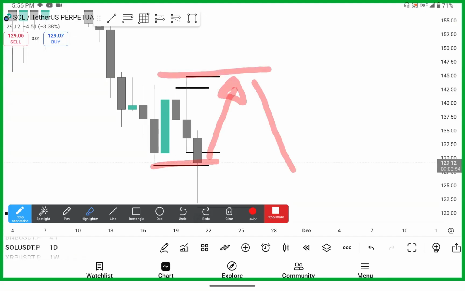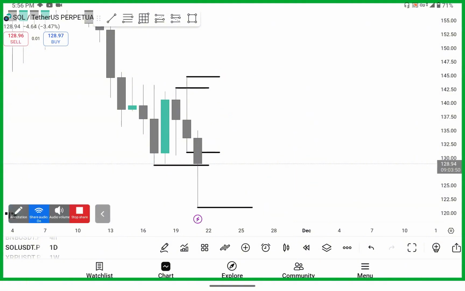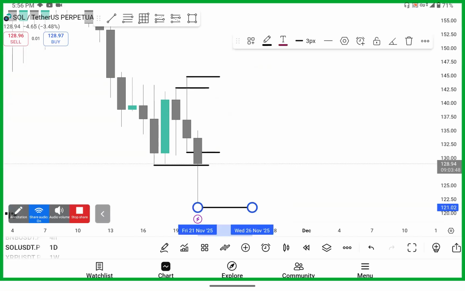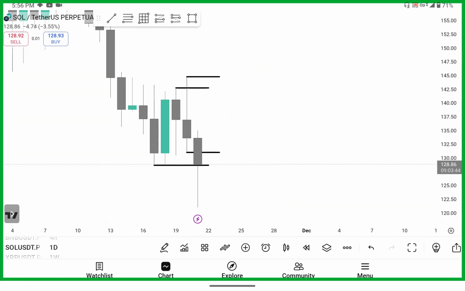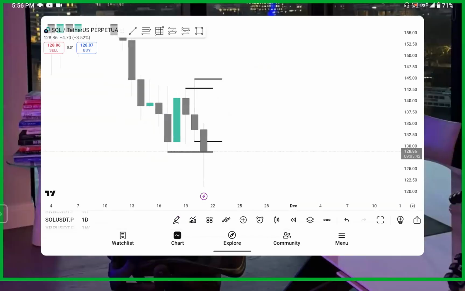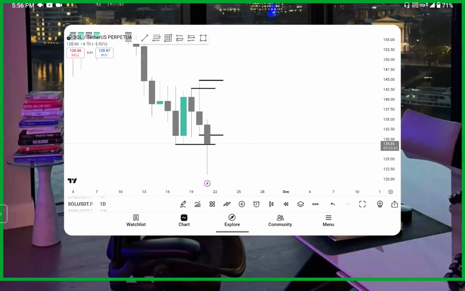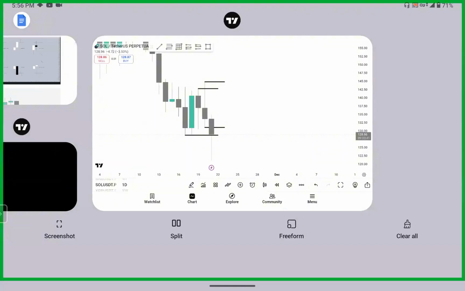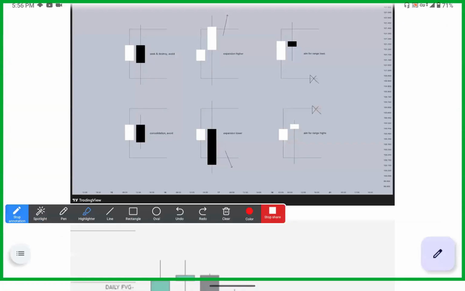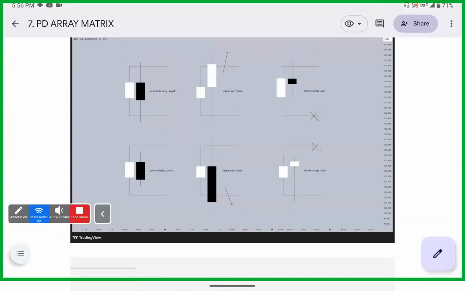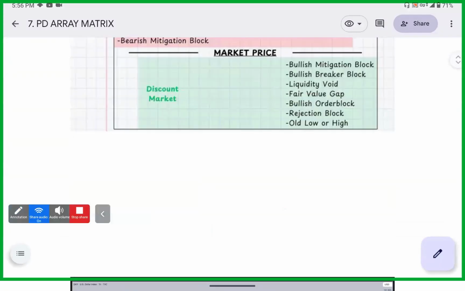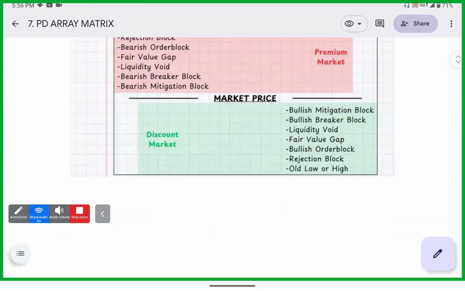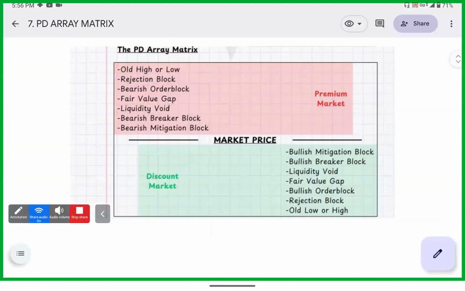So these are what we call all the highs and lows, and I have taught you how to draw them. Let me go back to our material to show you here. As you saw, I showed you that price is always seeking all the highs and lows. You get? So we have tackled that, all the highs and lows.